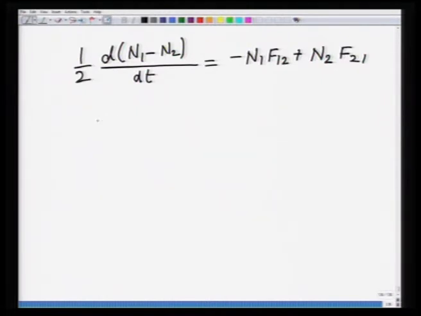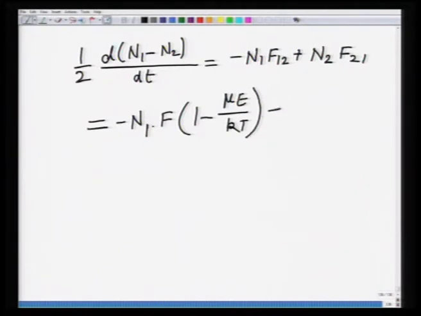So this becomes equal to minus n1 into F into (1 minus mu E by kT) plus n2 into F into (1 plus mu E by kT). Okay. And we can again rearrange these terms.